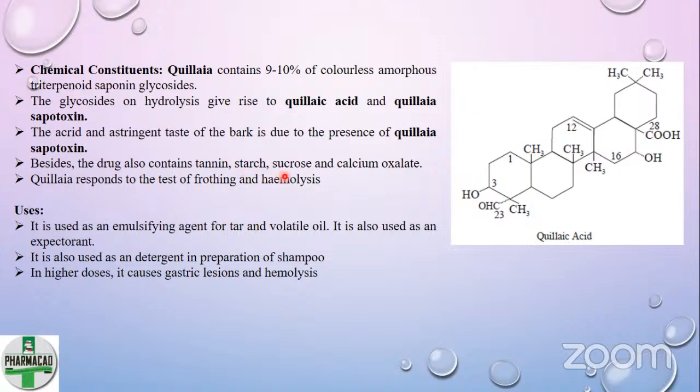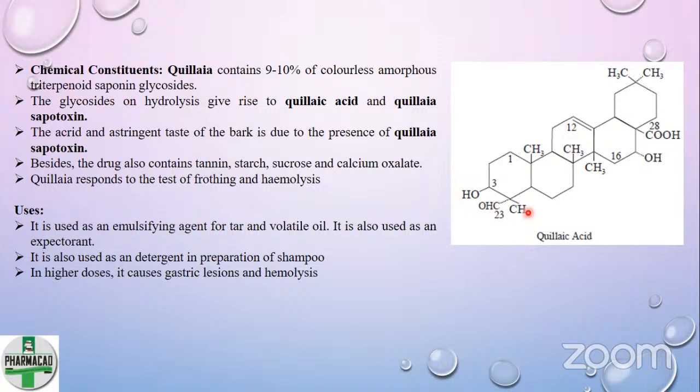Besides, the drug also contains tannin, starch, sucrose, calcium oxalate, and Quillaja also responds to the foam test. Okay, so basically, quillaic acid is one of the major constituents of Quillaja bark.